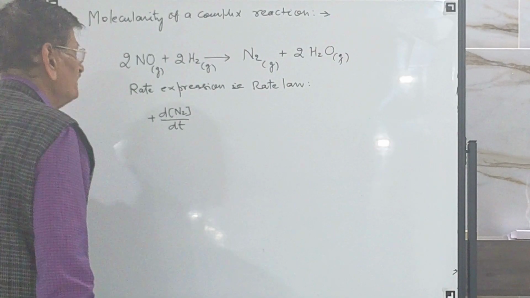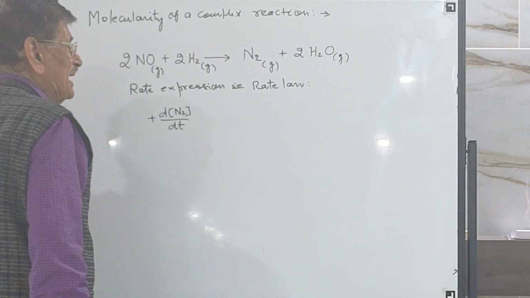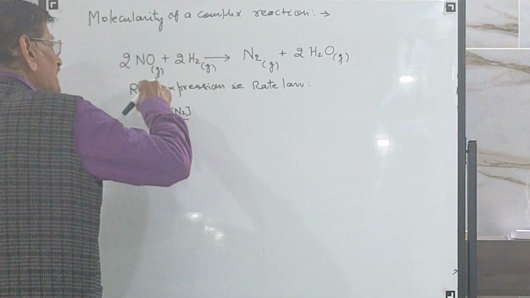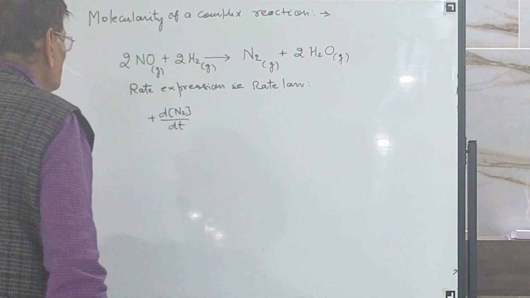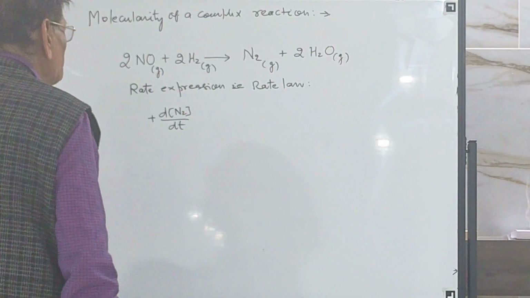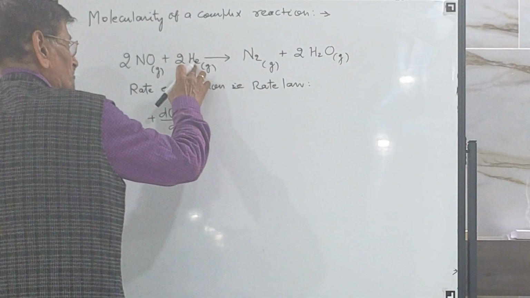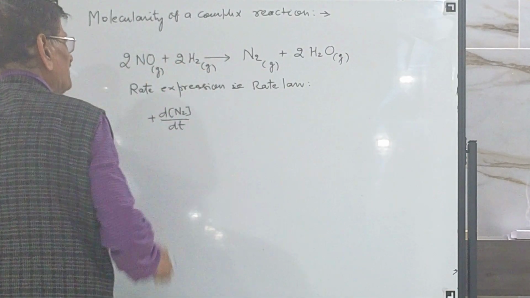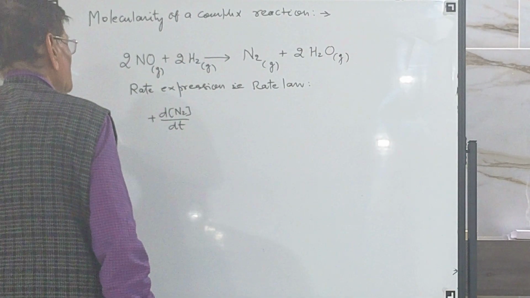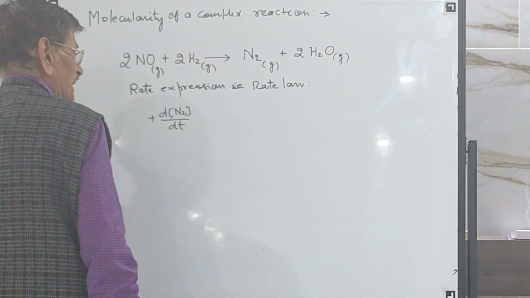Once again, it has been found experimentally that when the concentration of nitric oxide is doubled, keeping the concentration of hydrogen constant, the rate increases 4 times.